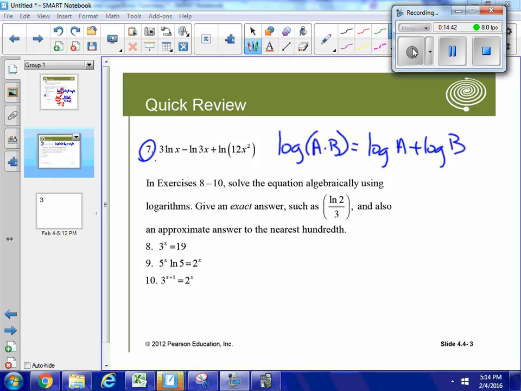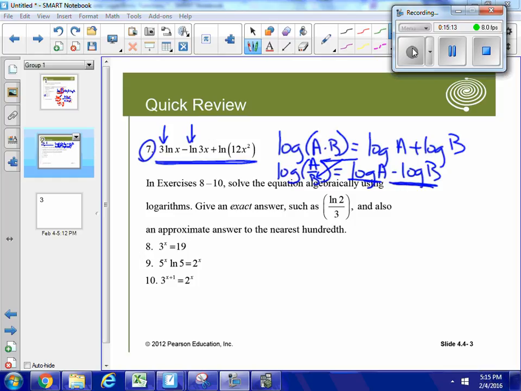I'm going to rewrite this as one logarithm. I'm going to condense it. So the ones that are positive are going to go in the numerator, and the ones that are negative are going to go in the denominator because of the quotient property. A divided by B is equal to log A minus log B.